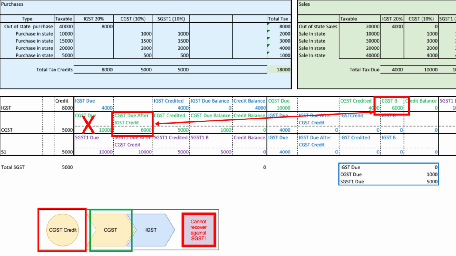So we take that 6,000 and that comes down to our CGST line as the amount that's outstanding. So what we have here then is a total of 6,000 that is still outstanding. We have 5,000 credits, which means that when it comes to a payment, we have 1,000 GST balance due. So that means we will owe the authorities 1,000 CGST.